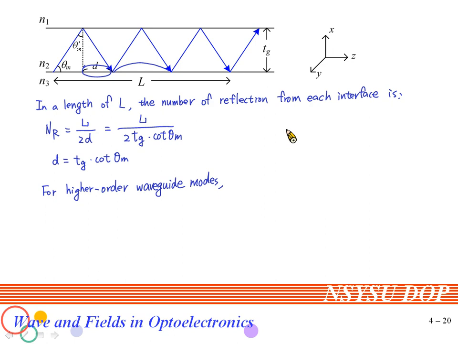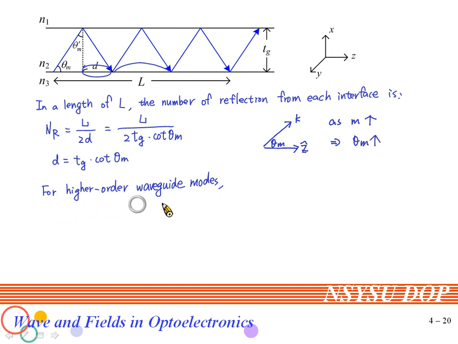we know that as the waveguide mode propagates along the optical waveguide, the k vector will have an angle theta m with respect to the waveguide axis. And as the mode number m increases, then we will have larger theta m.